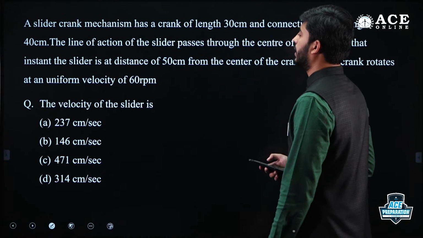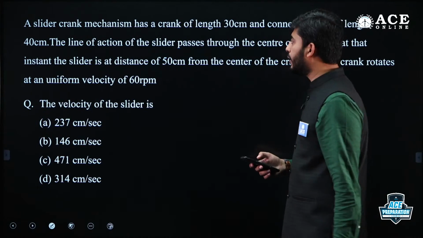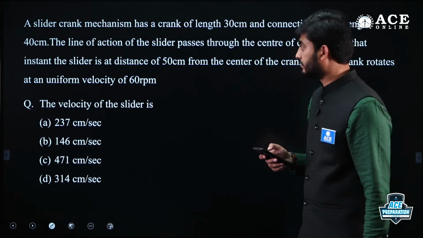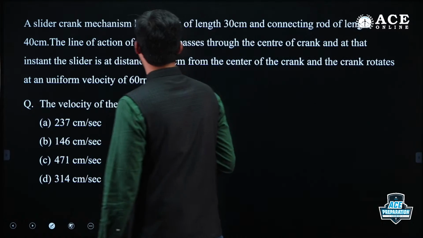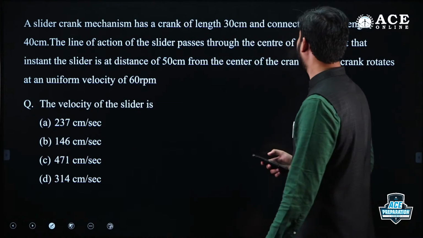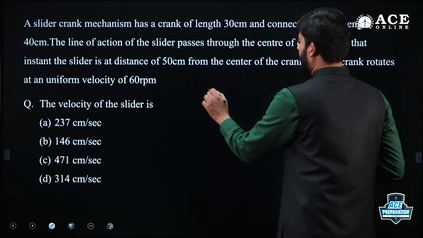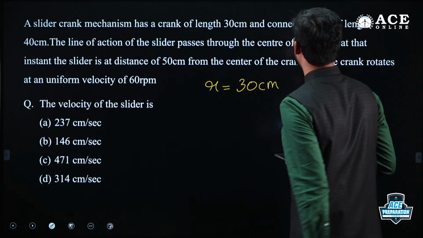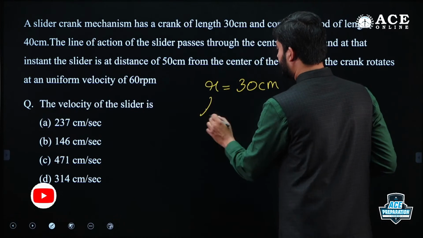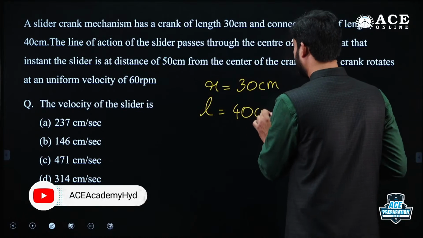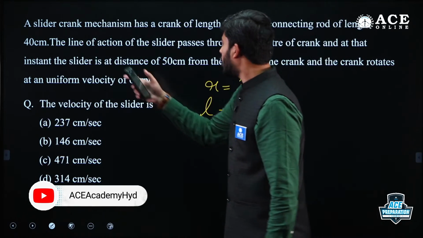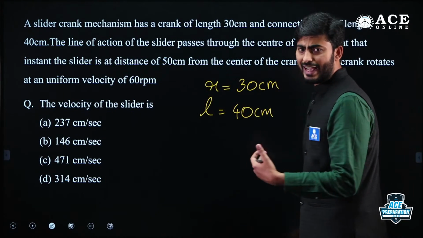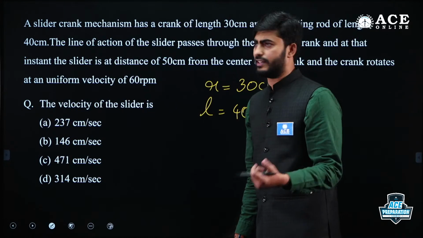Right, guys. So now we will be getting into the velocity and acceleration analysis part of this chapter. A slider crank mechanism has a crank length of 30 centimeters, whereas the length of the connecting rod is 40 centimeters, and the line of action of the slider passes through the center of the crank, which means that this is a crank slider mechanism, not an offset crank slider mechanism.